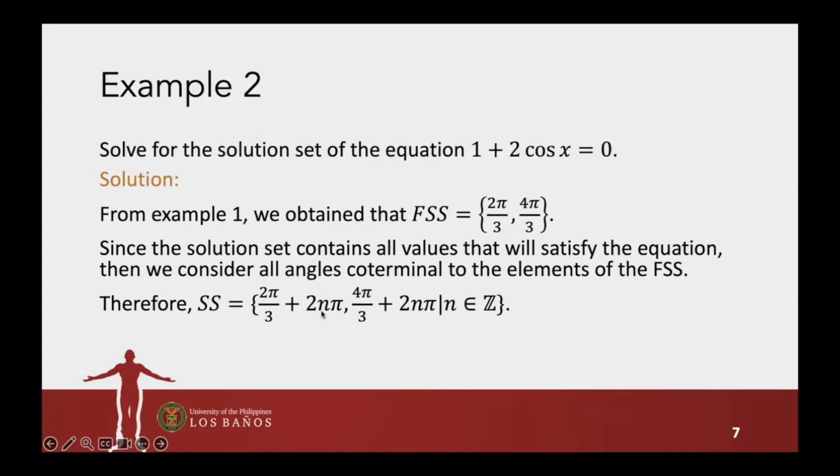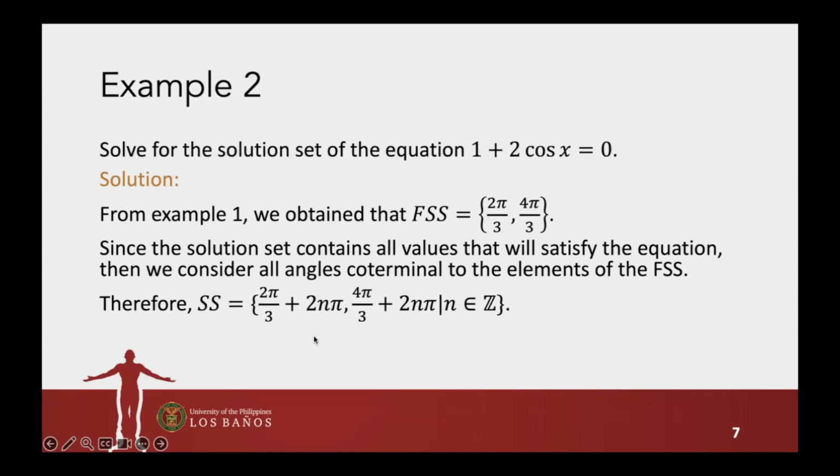Take note that n is an integer, and n here tells us the number of rotations or the number of cycles we need in order to get back to the terminal side of 2 pi over 3 and 4 pi over 3.